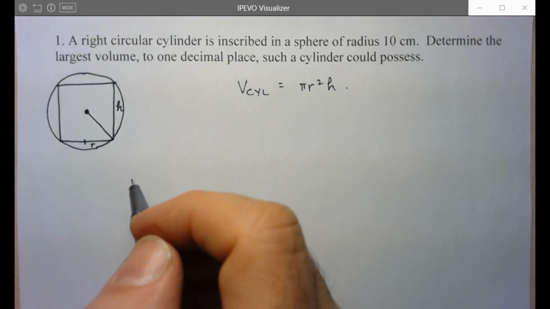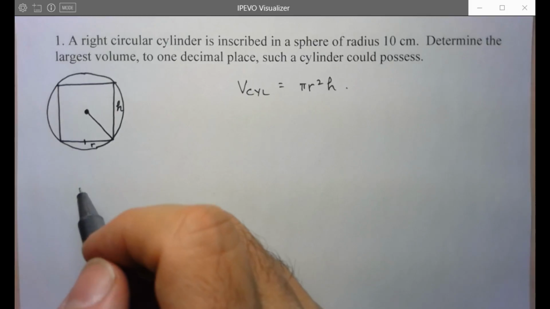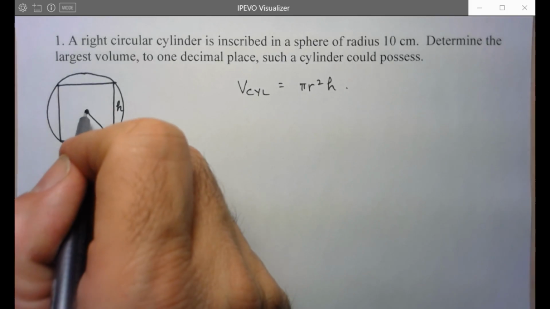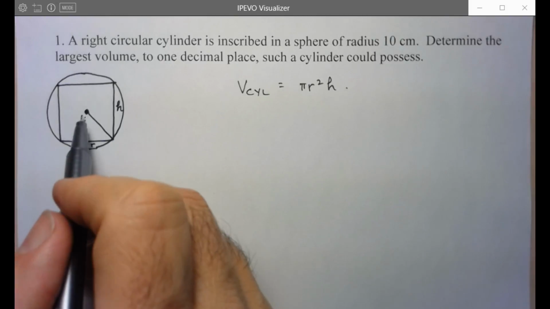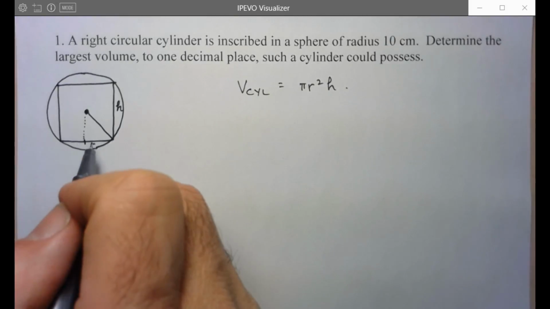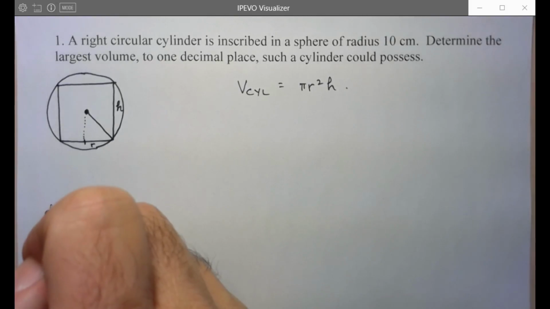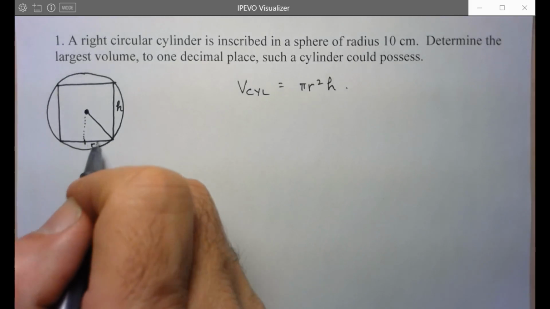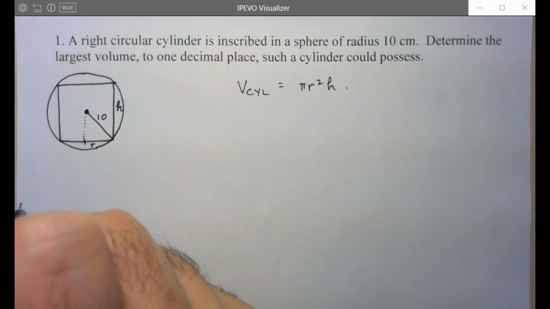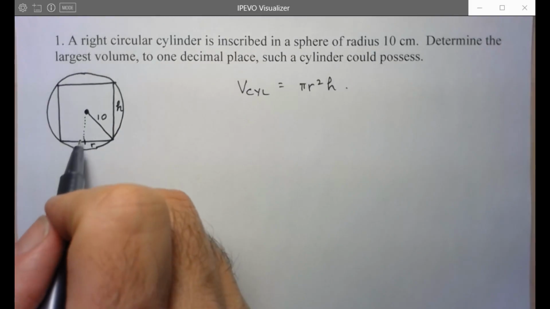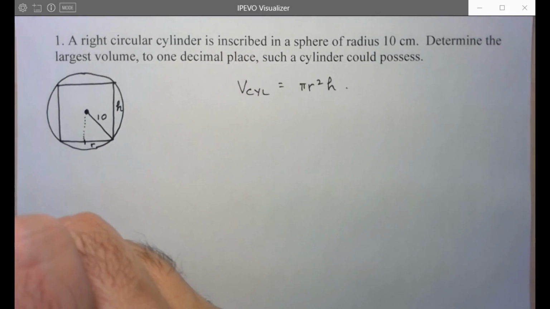From here, hopefully you see that we will have a connection between these, because if I just bring this down, I realize that I have a right angle triangle, where this side length is just the radius of my cylinder. This hypotenuse is the radius of my sphere. And then this side length here is just half the height of the cylinder.